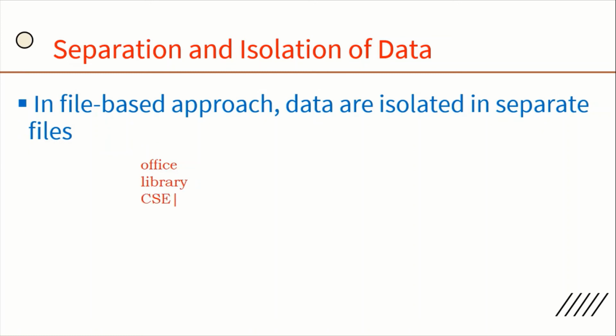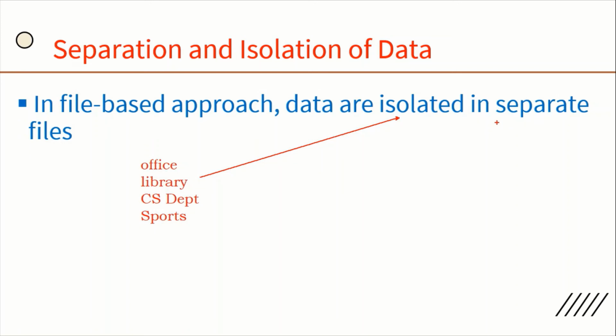In the computer science department, another file is maintained, and in some other, for example the sports department, they are maintaining one file. Then we can say that data are isolated and separated, stored in various places.